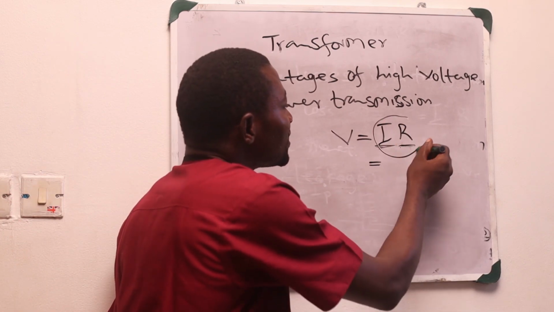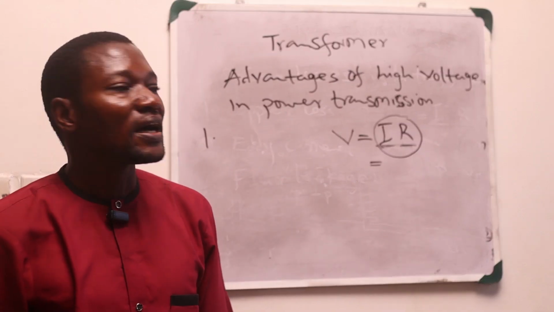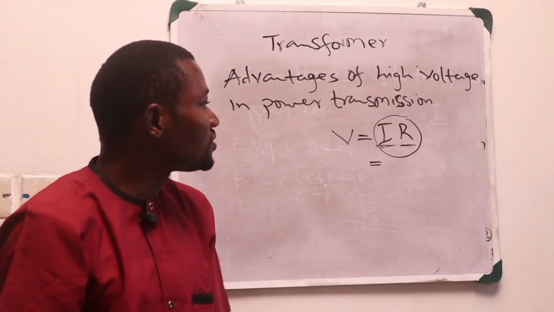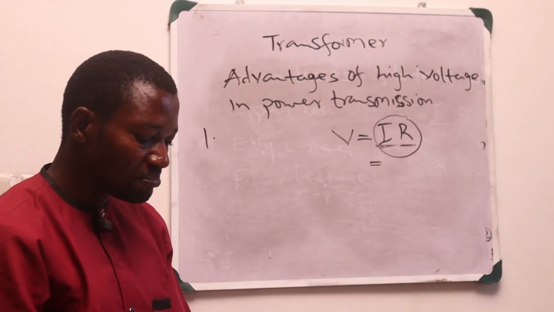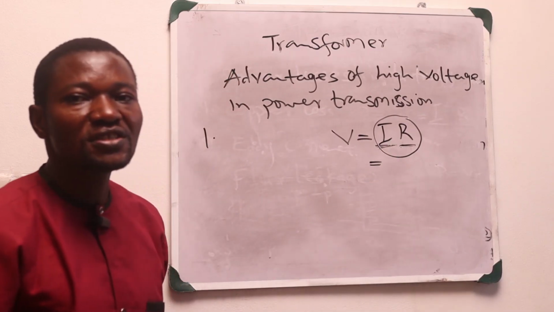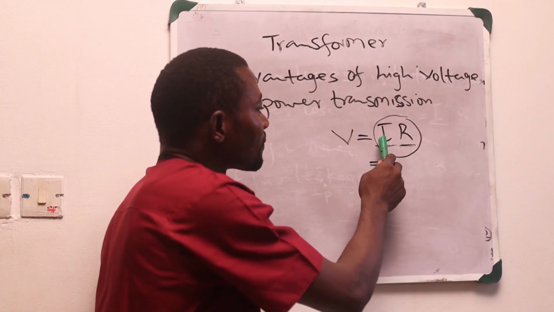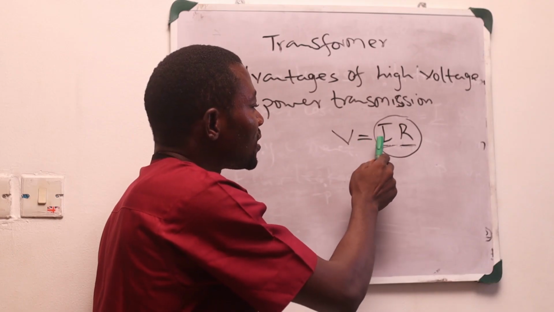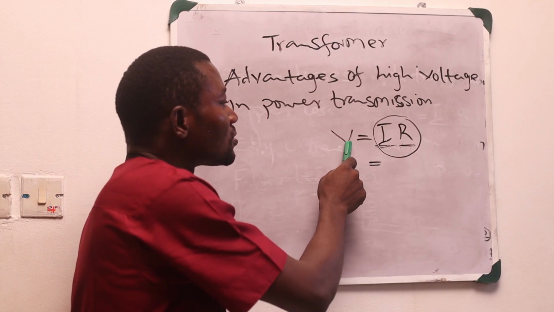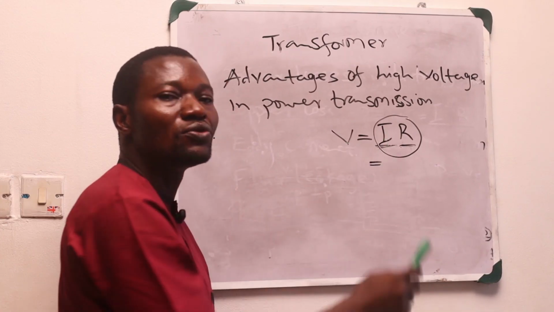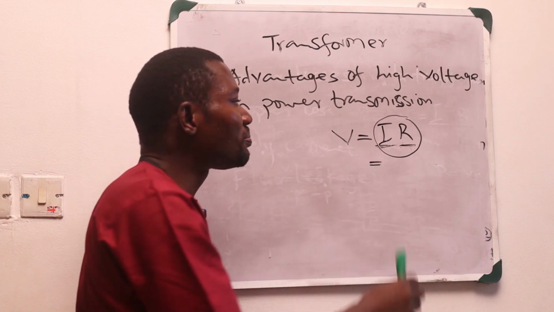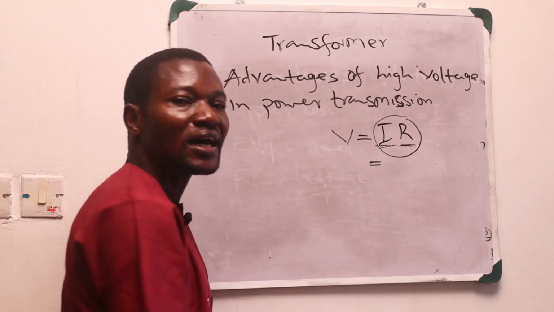And it will generate more heat. The power loss will be very, very high. So because of this disadvantage, power is not transmitted using high current, but rather high voltage and low current. So this is one of the reasons why we transmit power at high voltage and low current.